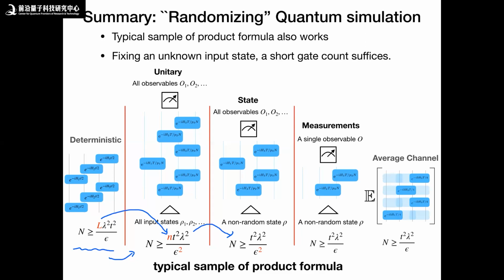And further, if you just pick some observable and some random state, and then you run your algorithm, the gate count can be even fewer. And this is in fact another interpretation of a channel, and this is why they're giving the same results. In this work, we just give a very comprehensive analysis of what it's doing.